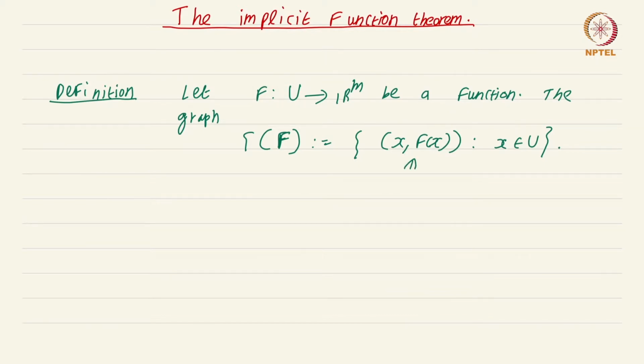Obviously we can view this as an element of R^(m+n). So the graph of a function from an open subset of R^n to R^m is just the collection of points (x, f(x)) such that x comes from U. We just note down for specificity that the graph of f is a subset of R^(m+n).